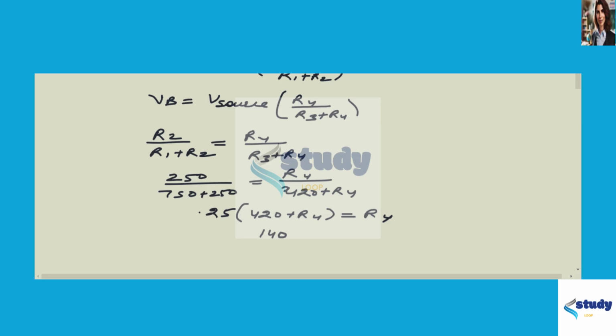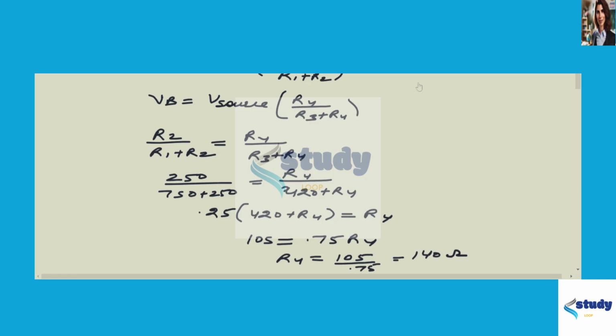So 420 by 0.5 is 105, which equals 0.7 R4. So R4 equals 105 upon 0.7, which equals 140 ohm.